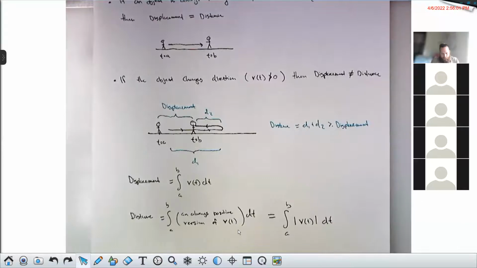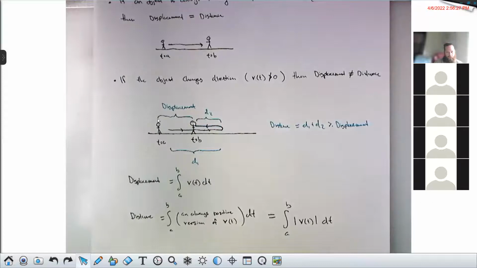I'm going to give you another picture here in terms of graphs that I hope will help you understand why, but intuitively. The integral is going to measure this as positive and this as negative. So when you do the displacement integral, the regular integral of v of t, it's going to measure this distance as positive, this distance as negative.